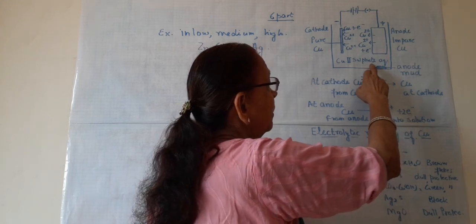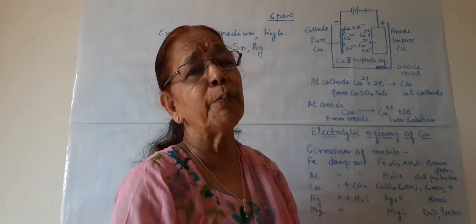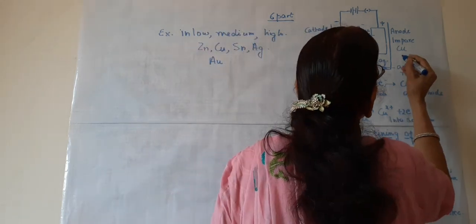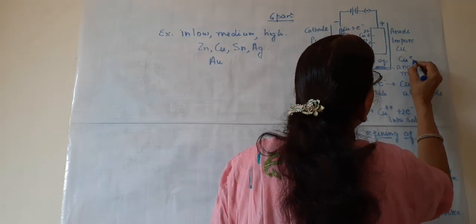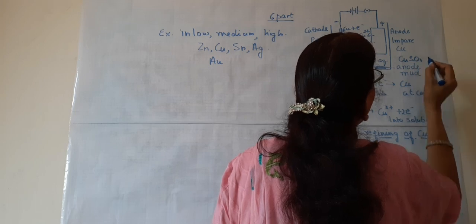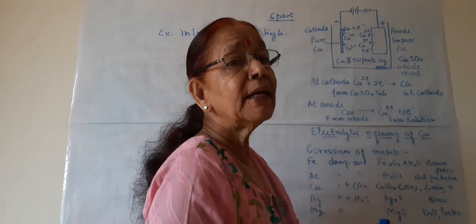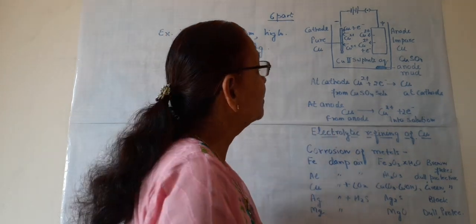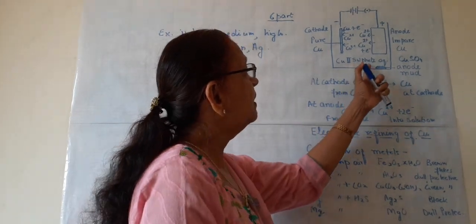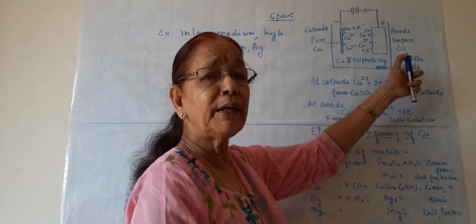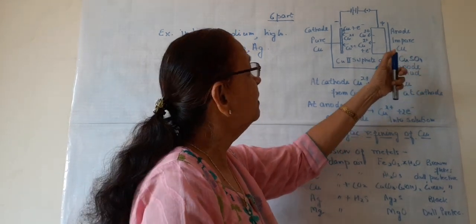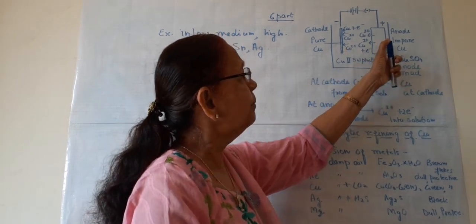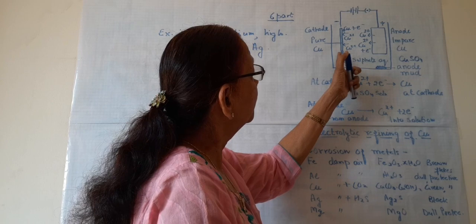This is the electrolyte. The electrolyte is copper(II) sulfate, CuSO4 aqueous solution, which is slightly acidified so that the current can pass easily. So these are the two electrodes, anode and cathode, impure copper and very pure copper.